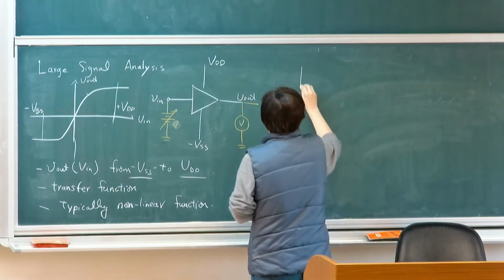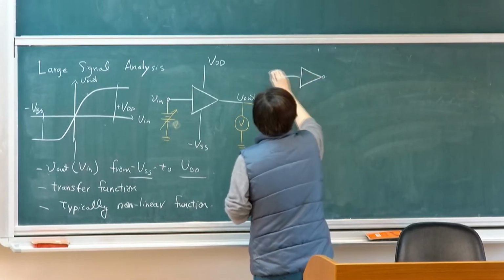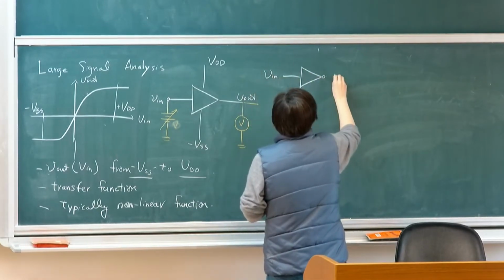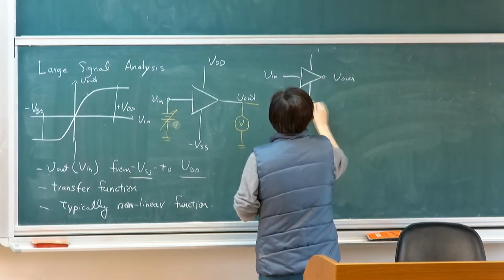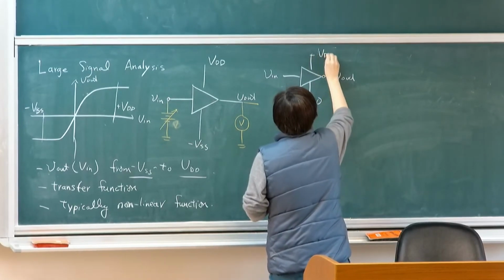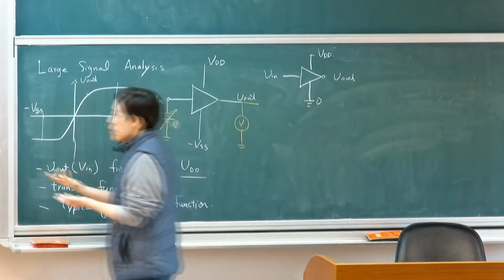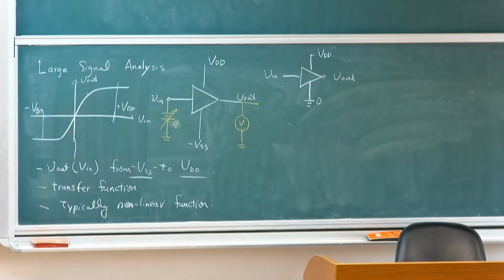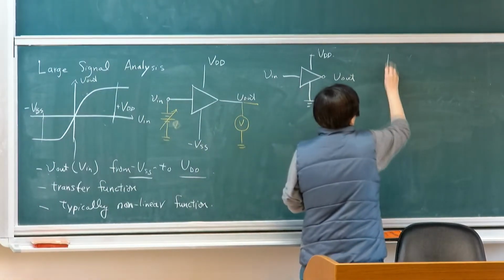So you know that an inverter looks something like this. If this is input, this is output. So typically you have an inverter, 0 to VDD. For a CMOS inverter, the basic element in any of your computers, what do you expect the transfer function to look like? Does anyone know?